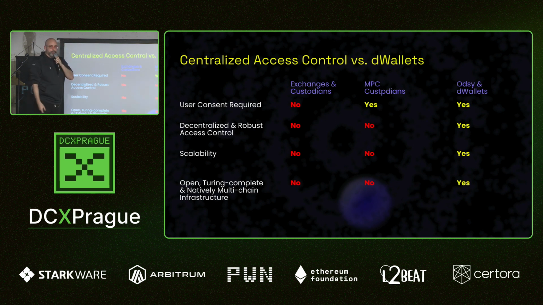You don't have to trust me not to steal your assets, but you always have control of your shares, so I can never do anything without your consent. But still, in everything else, it doesn't really work. It's not scalable. There's no decentralized and robust access control, and it's not an open and natively multi-chain infrastructure.